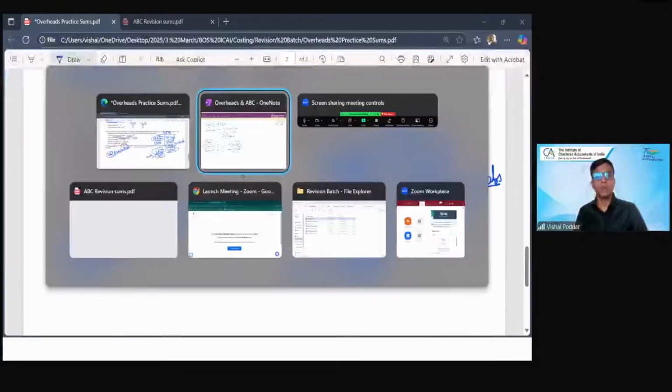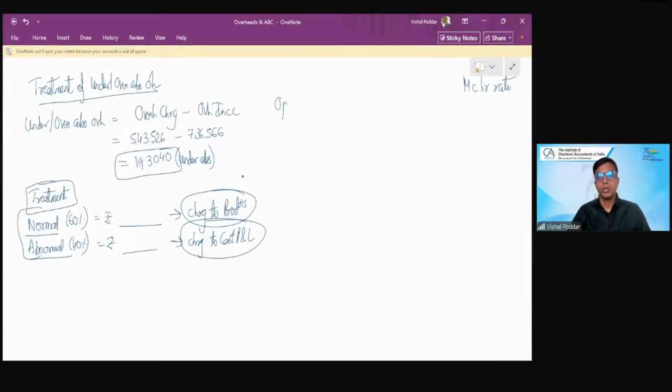Where the question does not give you the percentage, you have two options or two methods. What is option one? Entire under absorption is abnormal. What is the second method or option two? Entire under absorption is normal.